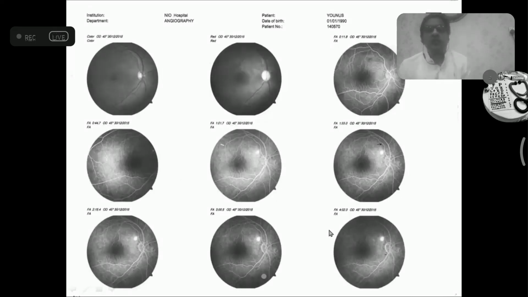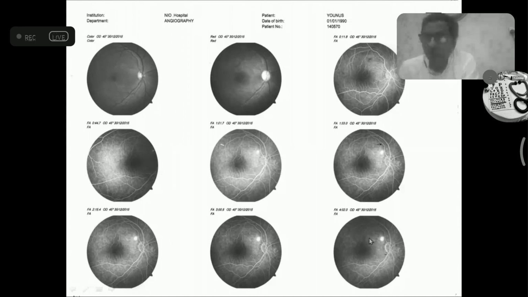Now I show some images on the screen from NIO. This is a 45-year-old patient showing leakage at the fovea, and this is CSR. It is important that in CSR, the sensory retina is not filled with dye.